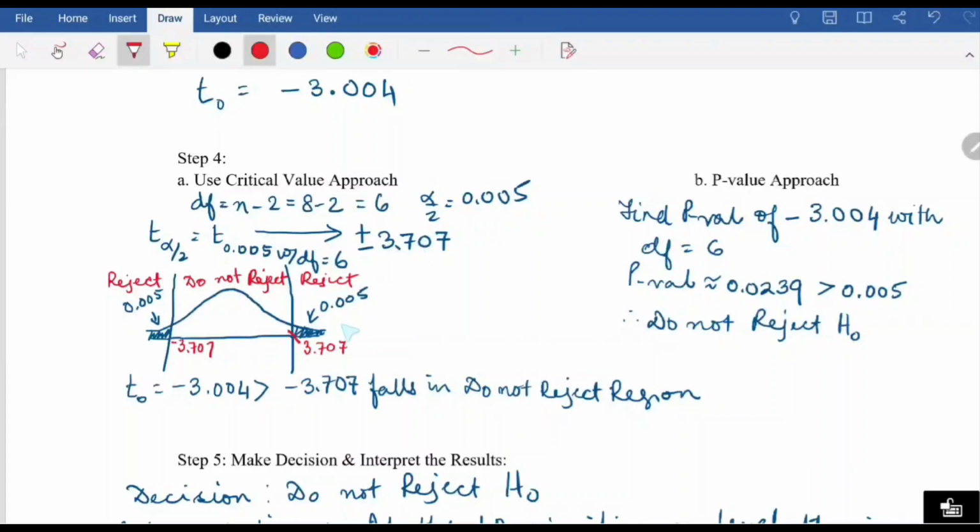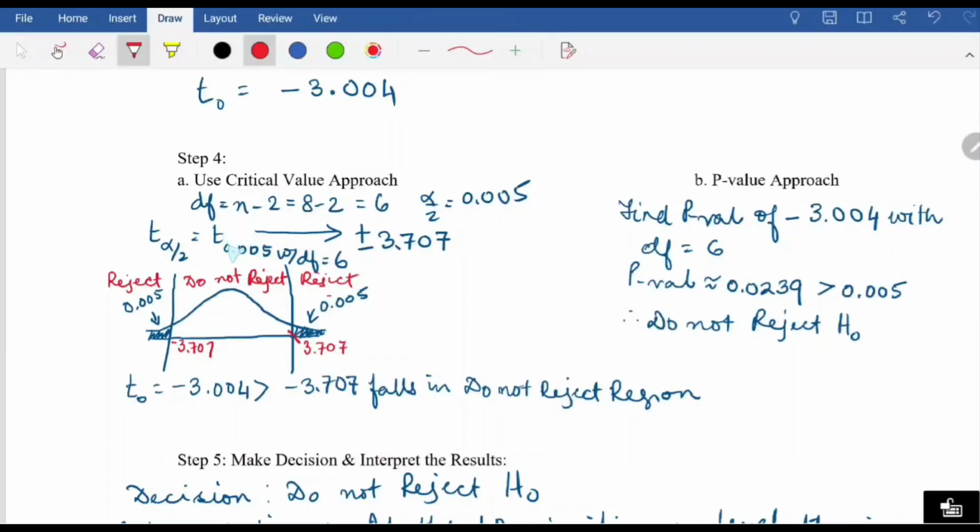It's a two-tailed test, so you have to divide your alpha by 2, 0.005, all right? So the reject region will be located on each side of the curve for a two-tailed test, and we split our alpha to shade the regions associated with the reject sections. Each reject region has an area of 0.005.